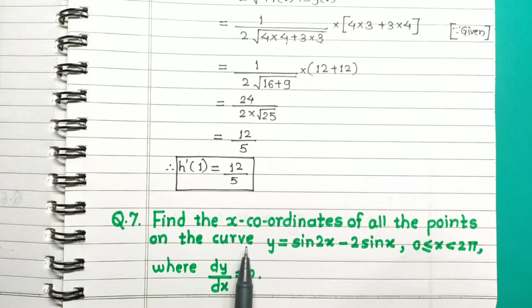Okay, so you understand the question properly. That means here we have to firstly find out the derivative of this function and then equate that derivative to 0, and then by solving that equation for x we are going to find out the required x coordinates. Okay, so let's move to the solution.